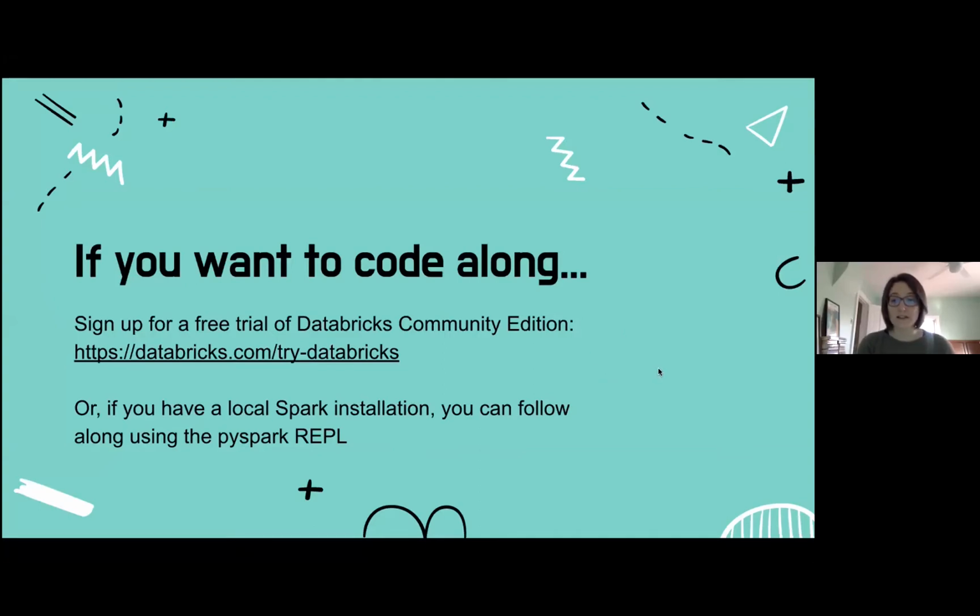But anyway, that's the link. And I think somebody said they were having trouble this morning signing up for a community edition. So I hope that's not the case for too many of you. But when you sign up for the trial, do click on the community edition, and there's two options. One of them is community edition and one of them is like try for free. So click community edition because that's the really, really free one.